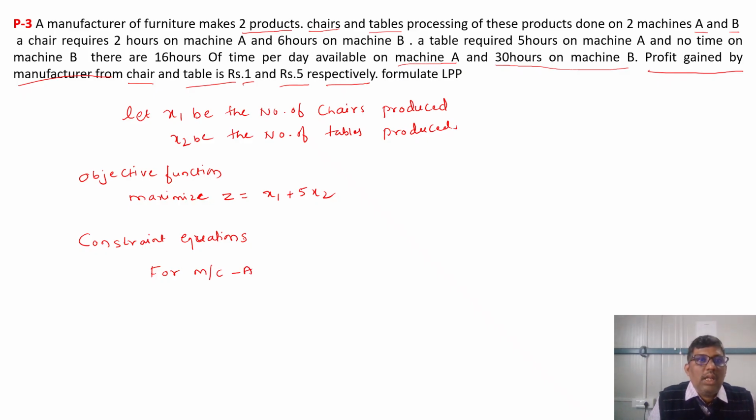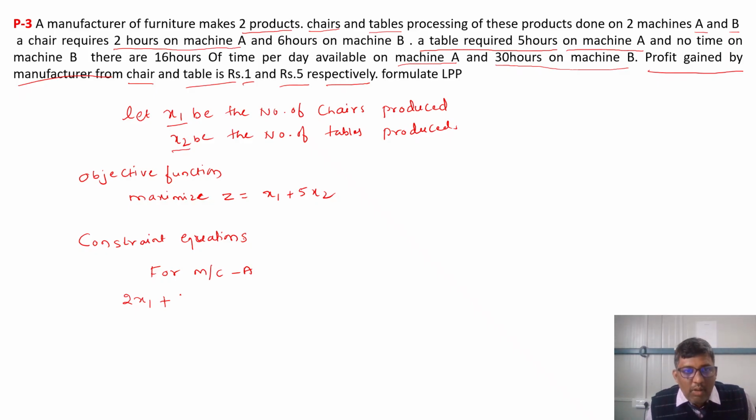Producing a chair requires 2 hours on machine A. So x1 is the number of chairs produced, so 2x1. Plus, on machine A he is also producing a table, which requires 5 hours, and the table has the variable x2.